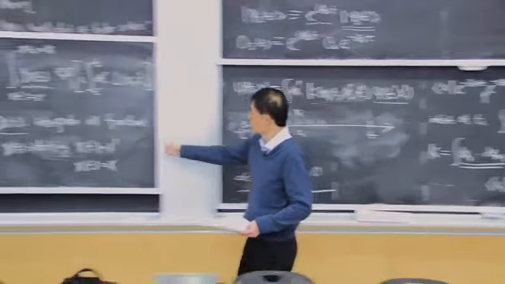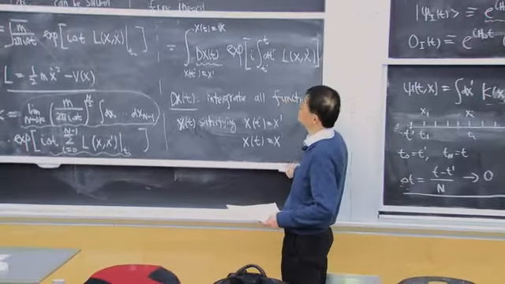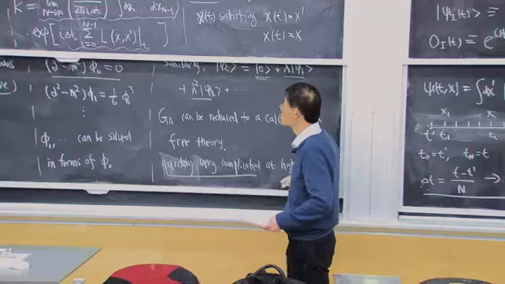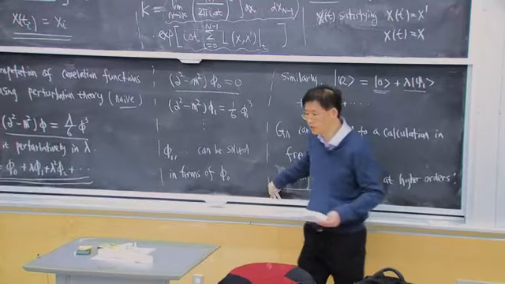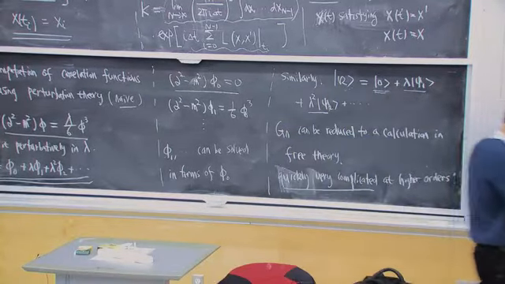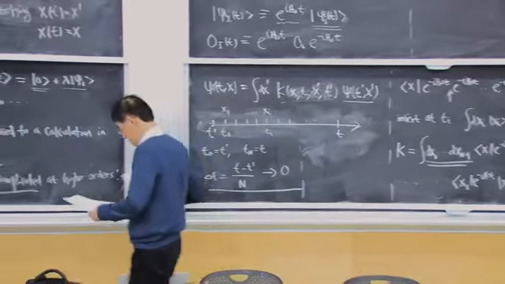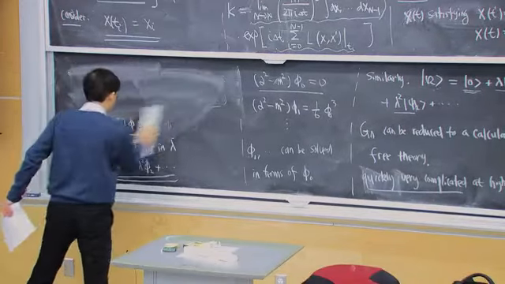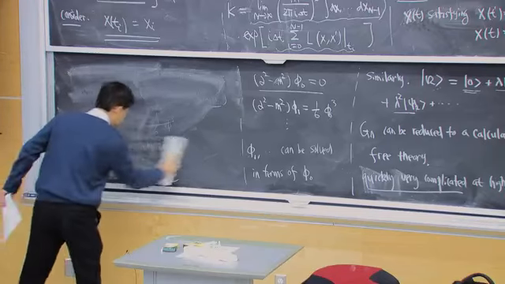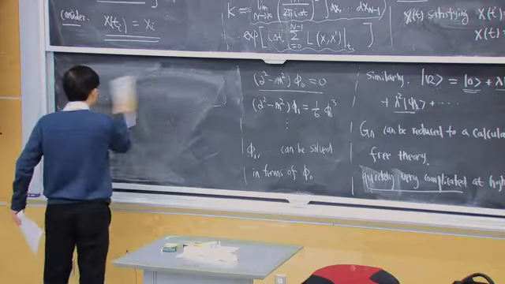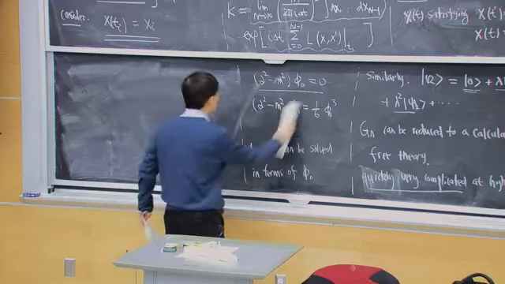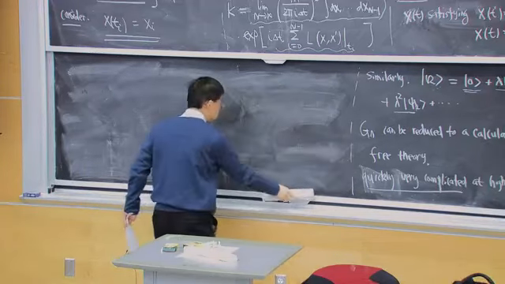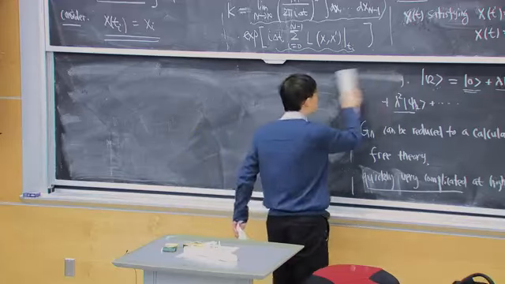So now this has a very simple physical interpretation. Integrate over all possible functions x between t and t prime with endpoints fixed.